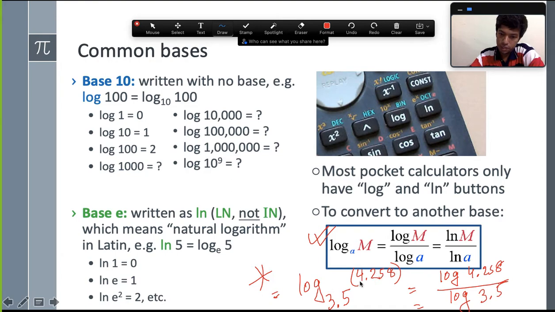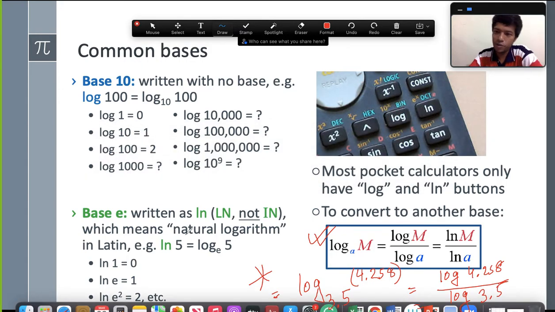Then we just write log of this divided by log of this in the calculator. All ordinary calculators have this button. Ordinary means a minimum scientific calculator where there is some log button. All of them have this function. So you can use this to find out the solution.